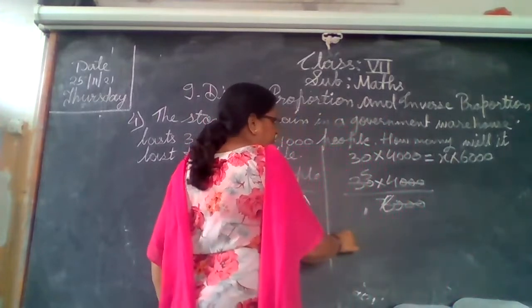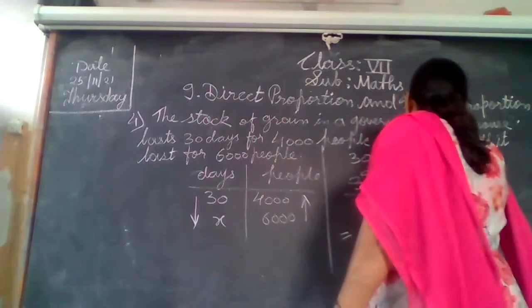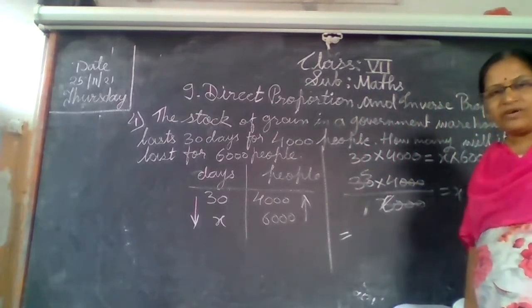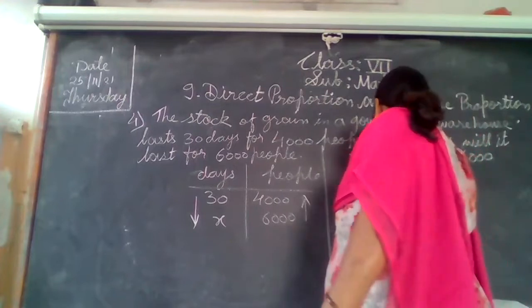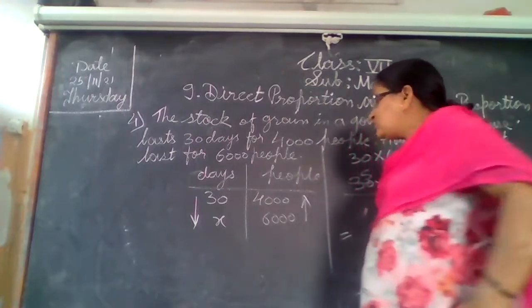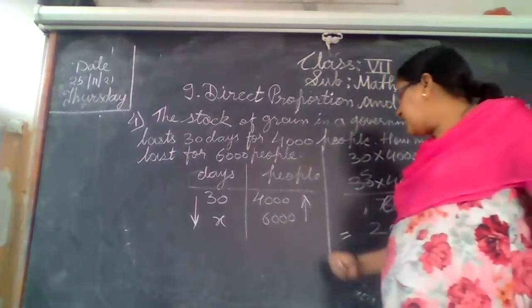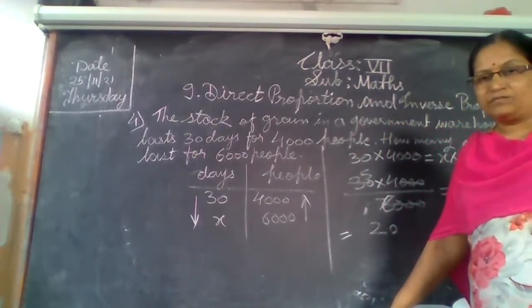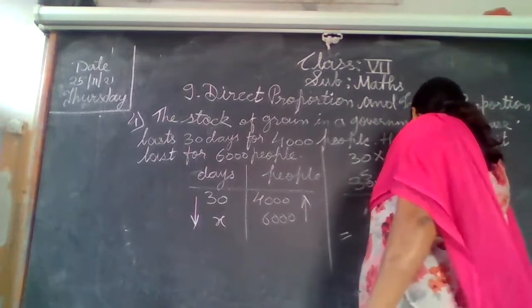X equals 5 multiplied by 4. 5 fours are 20. So the food stock will last only up to 20 days. Got it, beta? So it is 20 days.